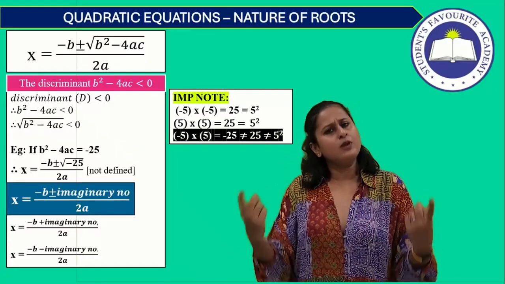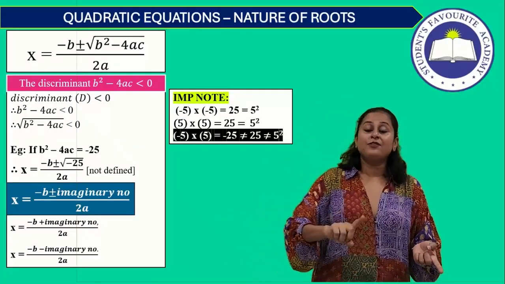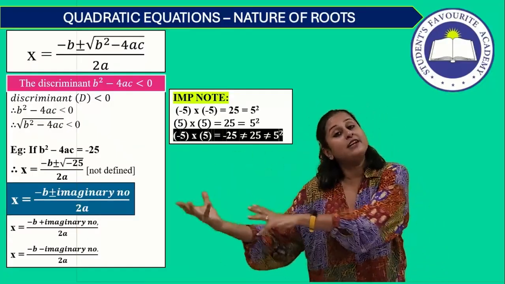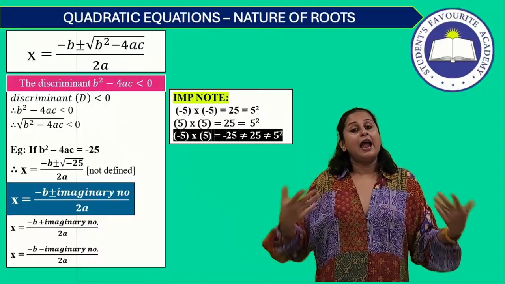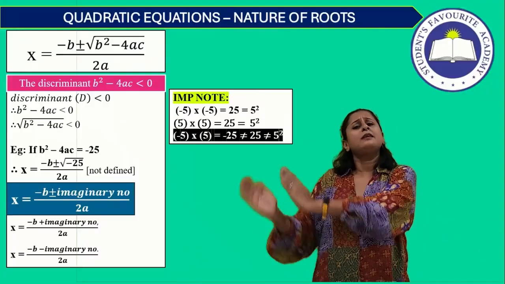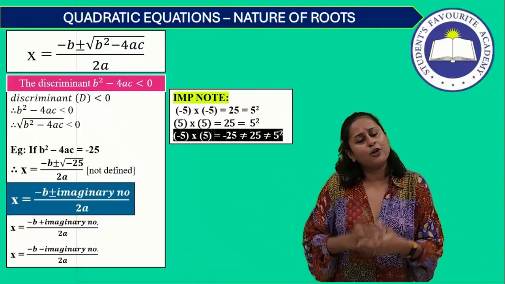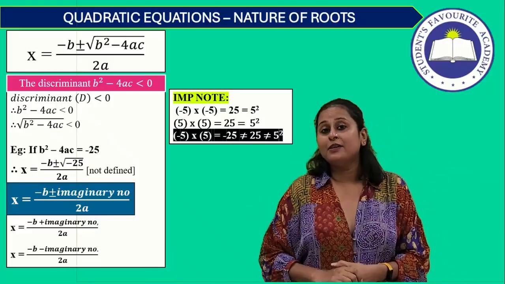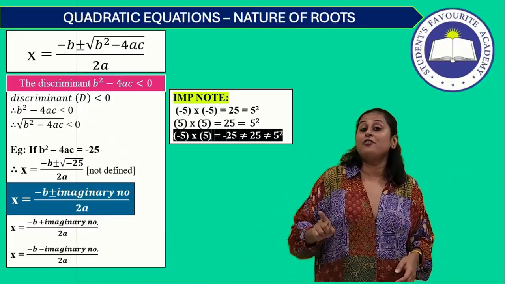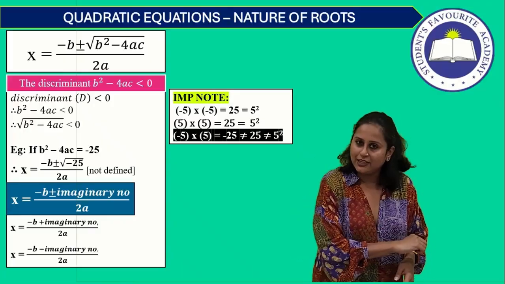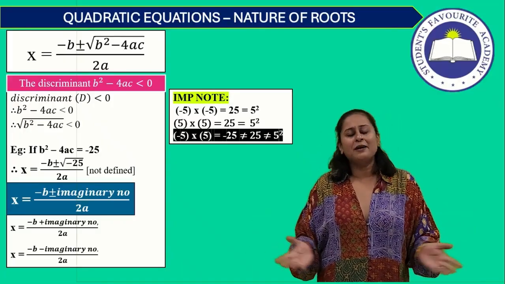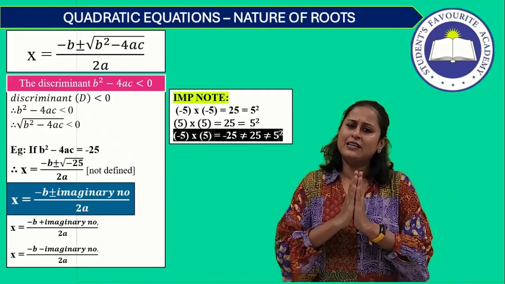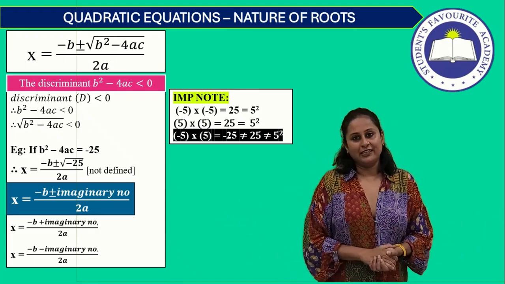We will still get two numbers, because in the first case we are adding the imaginary number to your minus b, and in the second case we are subtracting that imaginary number from your minus b. So we are getting two unique numbers, but these two unique numbers are not real. They are imaginary, and we are going to learn imaginary numbers in a higher standard. So we can simply write they are imaginary.